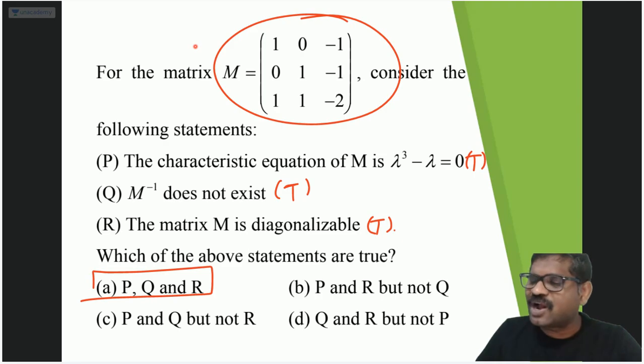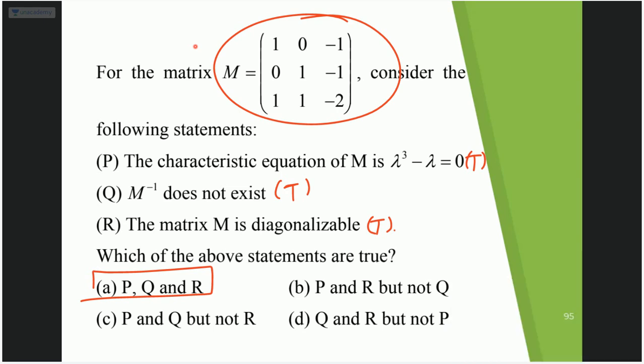Not only distinct eigenvalues. If distinct, 100%, but in a similar way, if eigenvalues are repeated, then also there is a possibility. I have given one example, 2, 2, 2. You have to check free variables. Yes, exactly.